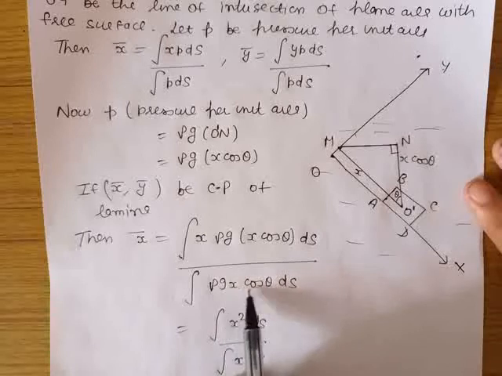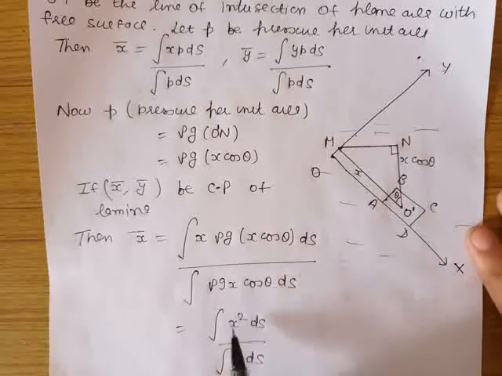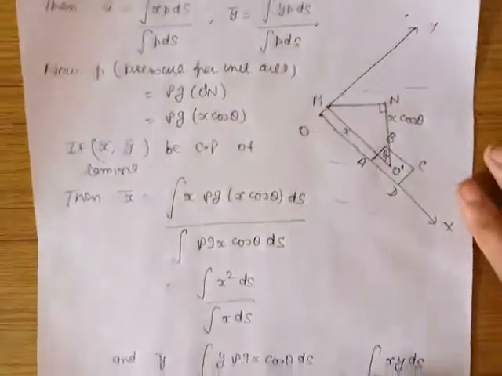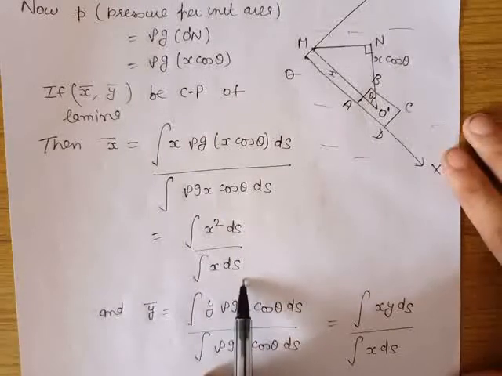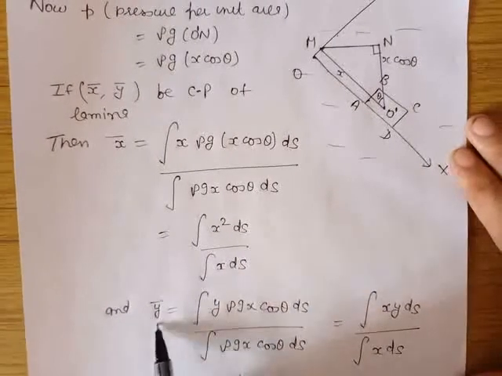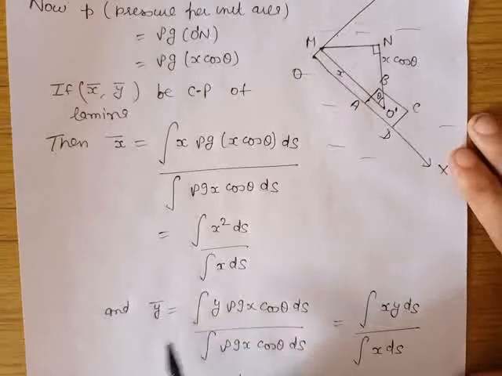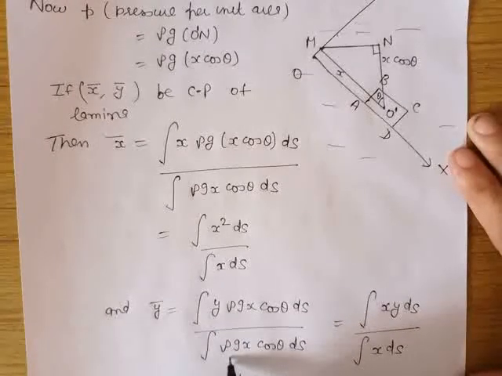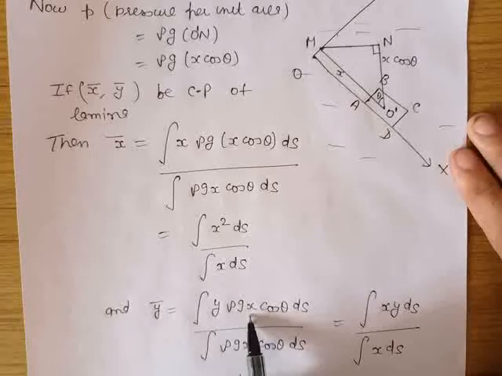p is rho g x cos theta. Now the term rho g is cancelled out from numerator as well as denominator. Also cos theta will be cancelled out. So we have x bar given by integral x square dS upon integral x dS. Now to find the y coordinate, y bar is given by integral p y dS upon integral p dS. Putting the value of p, this will become integral y into rho g x cos theta dS upon integral rho g x cos theta dS.